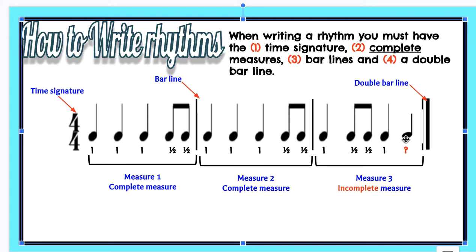We have 4 beats in the measure, so now it's complete. And at the end of our rhythm, we add what's called a double bar line. And in music, this just basically means the end. So for those of you who are confused about what's a bar or what's a measure, it's basically the space between bar lines where you write your rhythm.